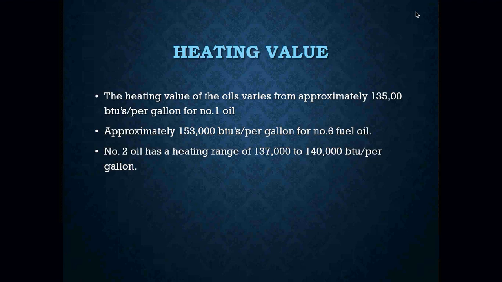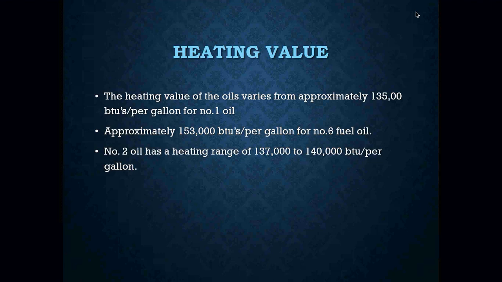For number 1 heating oil, it's going to have an approximate heating value of around maybe about 135,000 BTUs per gallon. Number 6 fuel oil is going to have approximately around 153,000 BTUs per gallon. Now you can see right there between those two numbers that the ranges in heating value is different.